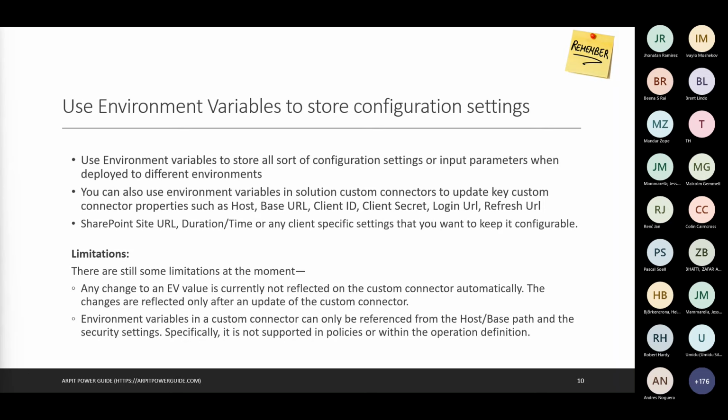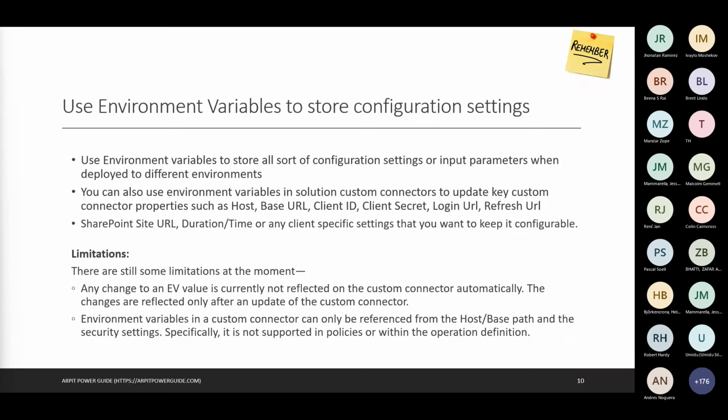If you are making any changes in an environment variable, you have to manually update the custom connector, because environment variables are not supported in custom connectors. If your custom connector uses API configurations like client IDs and client secrets, you can keep them in the environment variable rather than hard coding them directly in your custom connector.